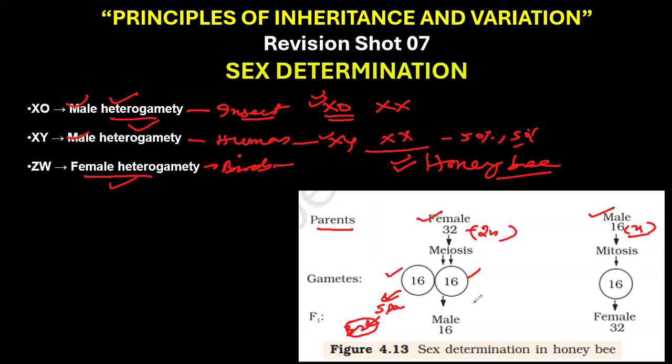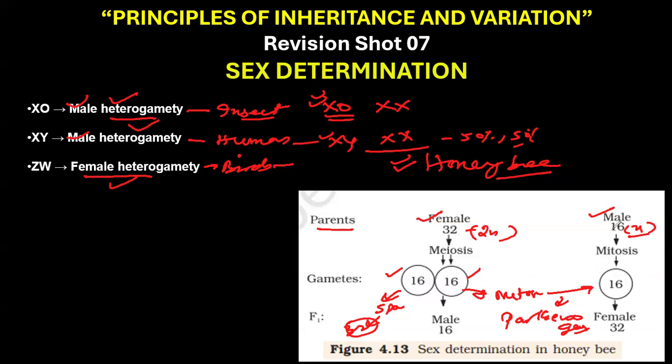And the other 16 will directly undergo mitosis and form the male. So this process is called parthenogenesis. That means this male formation without the fertilization.